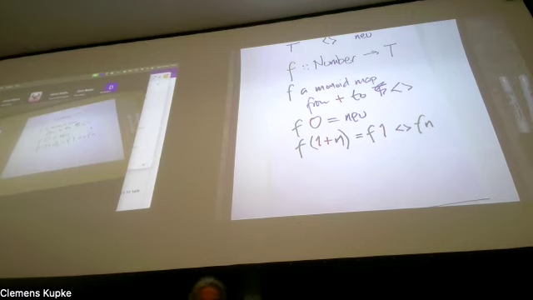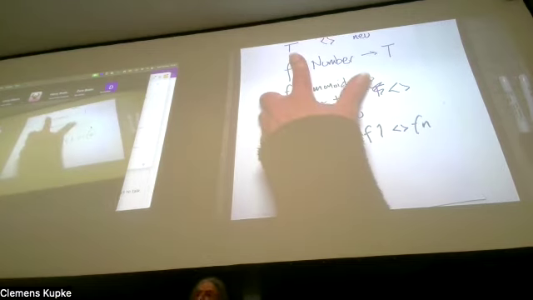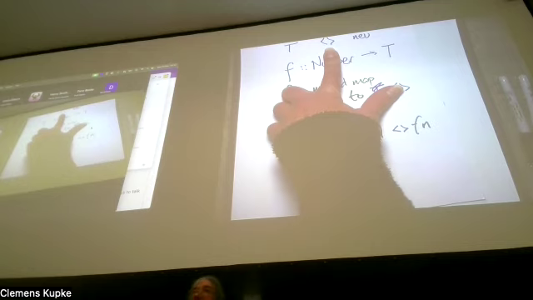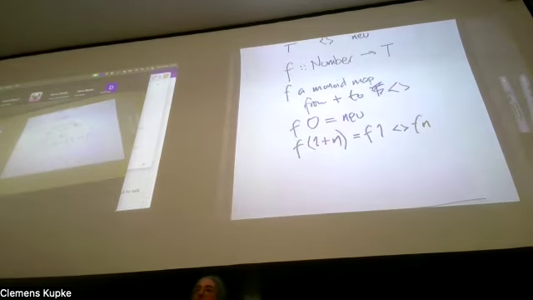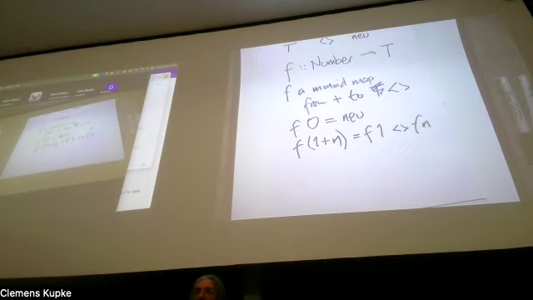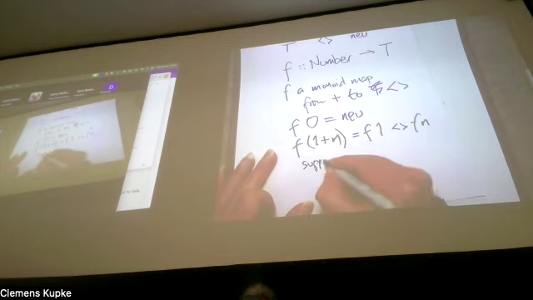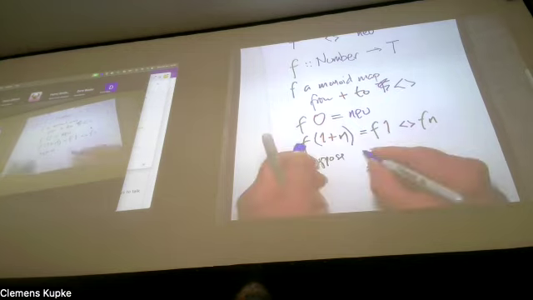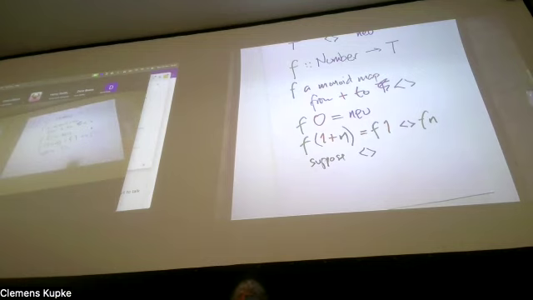For example, let's suppose that T is also number, and that this combination is also plus.